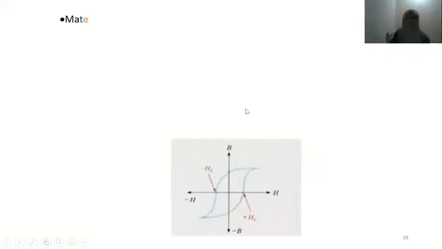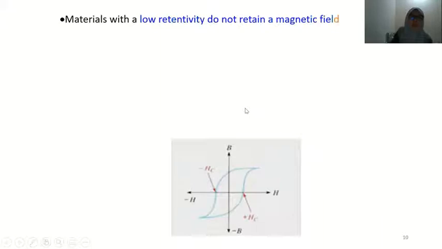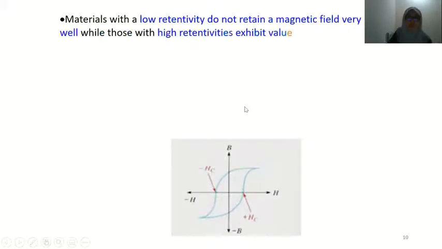Materials with low retentivity do not retain the magnetic field very well, while those with higher retentivities exhibit values for BR very close to the B saturation. So high retentivity will give you a residual B very close to the B saturation.